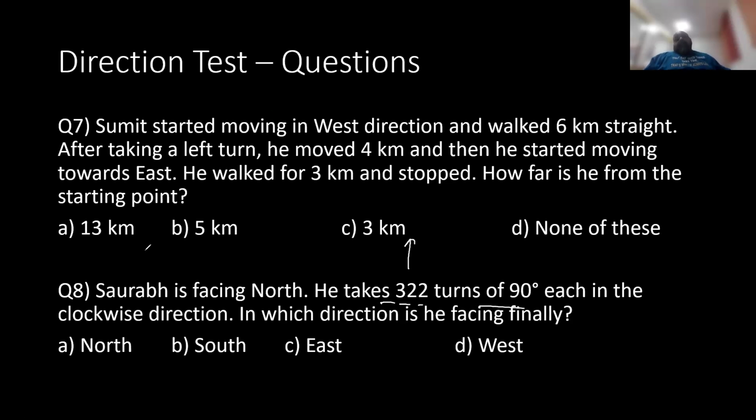Again, 4 turns of 90 degrees, 1, 2, 3, 4, would mean you've completed a circle. And therefore, you will be facing where you were facing initially.